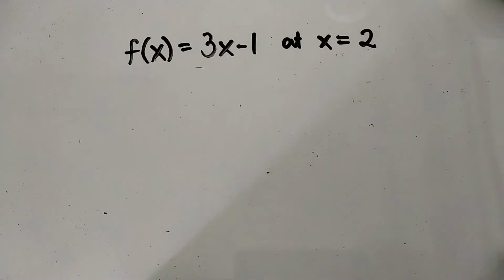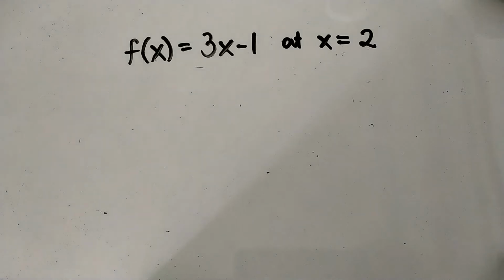Now, we are going to evaluate this function at a certain value of x. Ito ay review lang ng ating tinuntunan nung tayo ay junior high school. To evaluate a function, substitute lang natin or we will replace the variable with a given value or an expression.